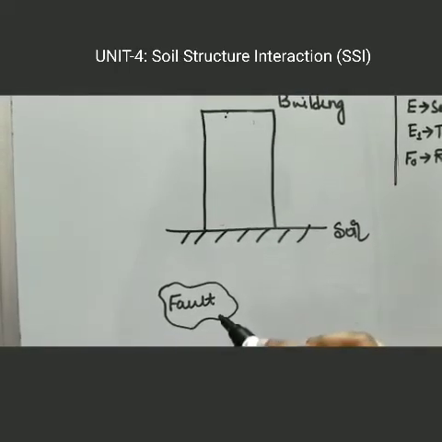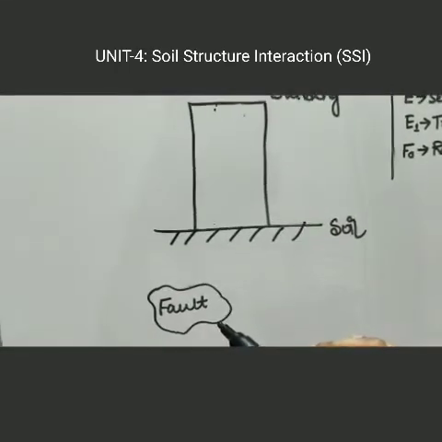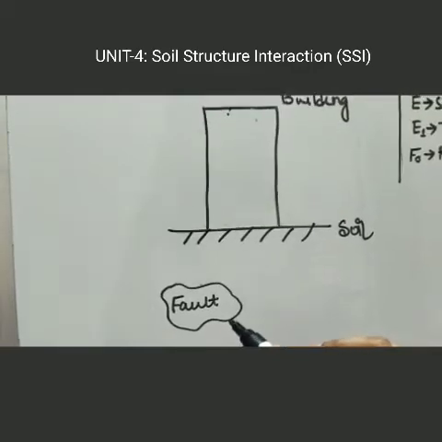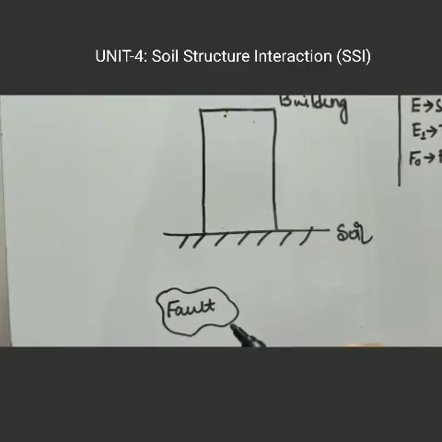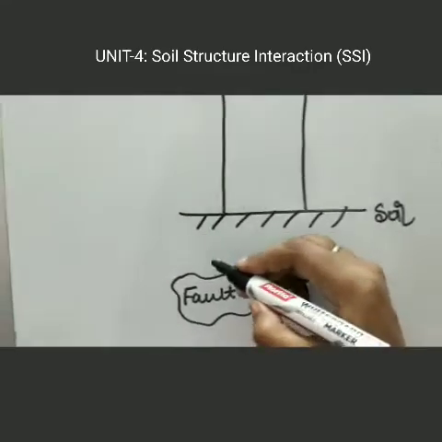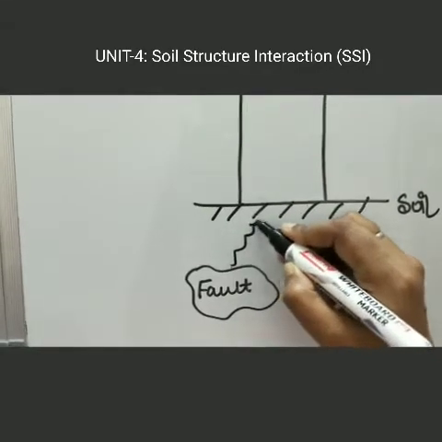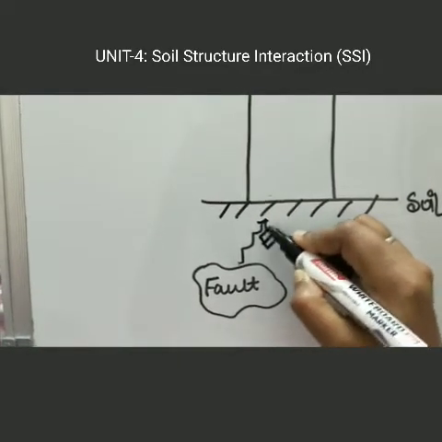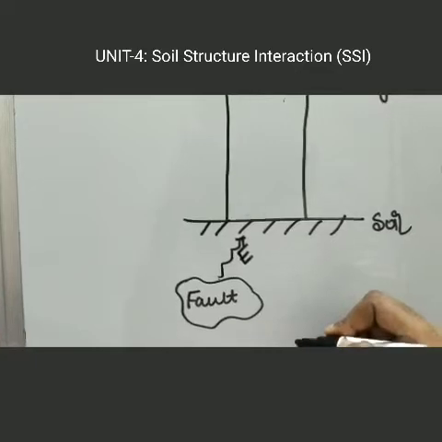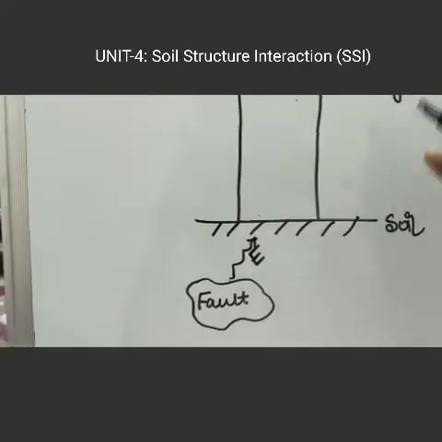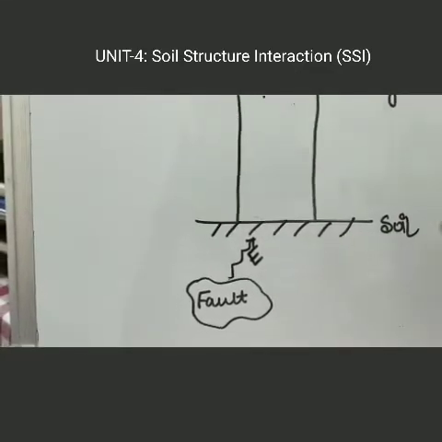Now let us assume there is an earthquake happening at this fault. When the earthquake happens, there will be a seismic wave, suppose E is generated. Now soil and building are two different materials.